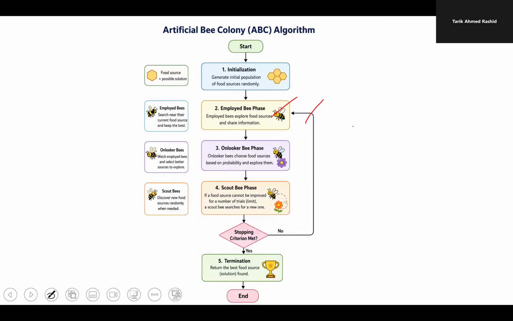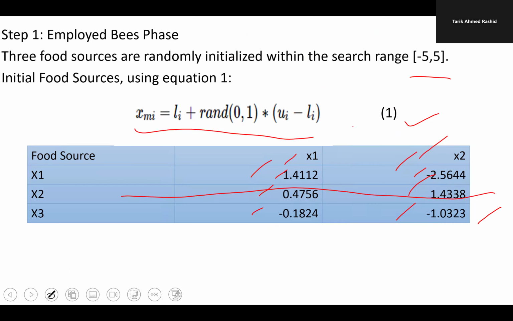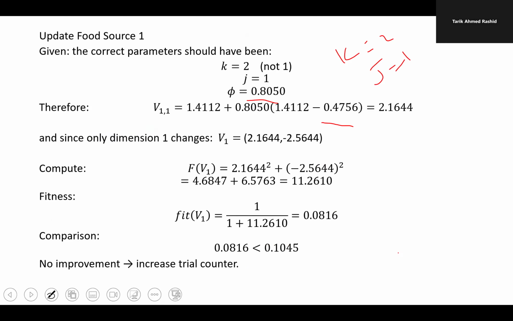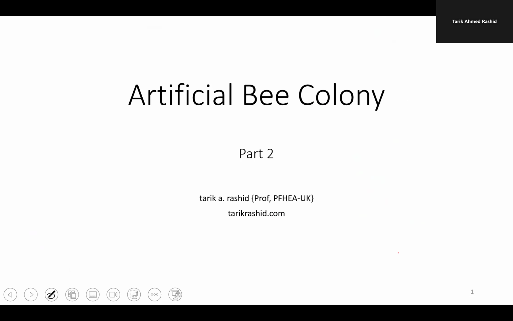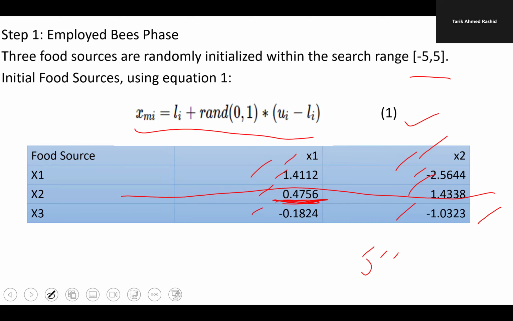Go back here. The second food source is this one, X2. And J was randomly 1, which means index dimension 1. So for the food source, dimension 1 is this one, 1.4112.